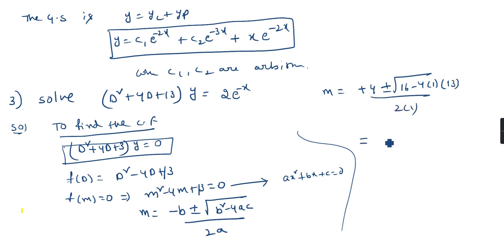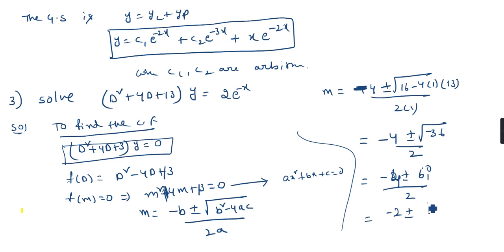So minus 4 plus or minus root of minus 36 by 2. So minus 2 plus or minus, root of minus 36 means 6i, by 2. So minus 2 plus or minus 3i. So m equals minus 2 plus or minus 3i are complex roots.